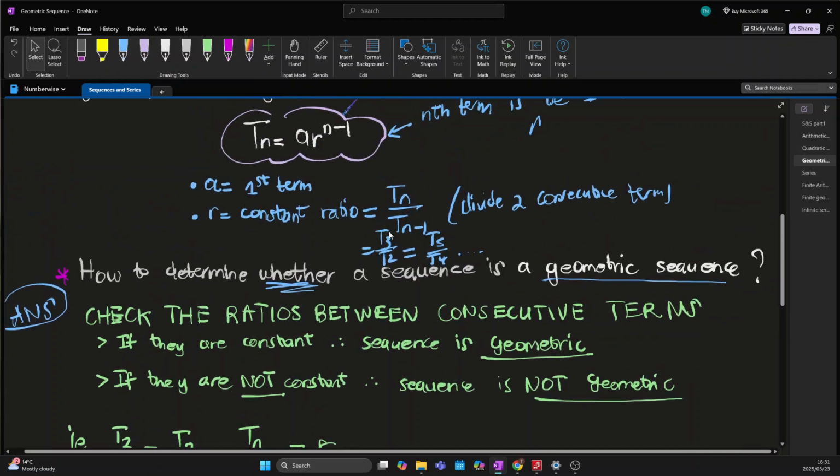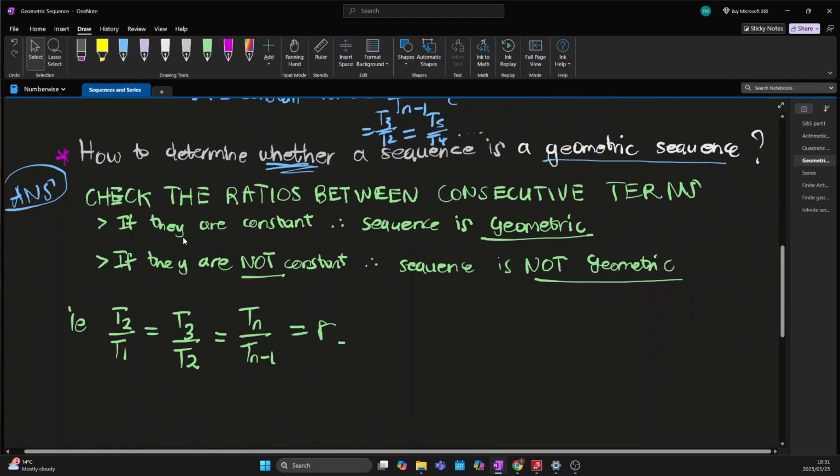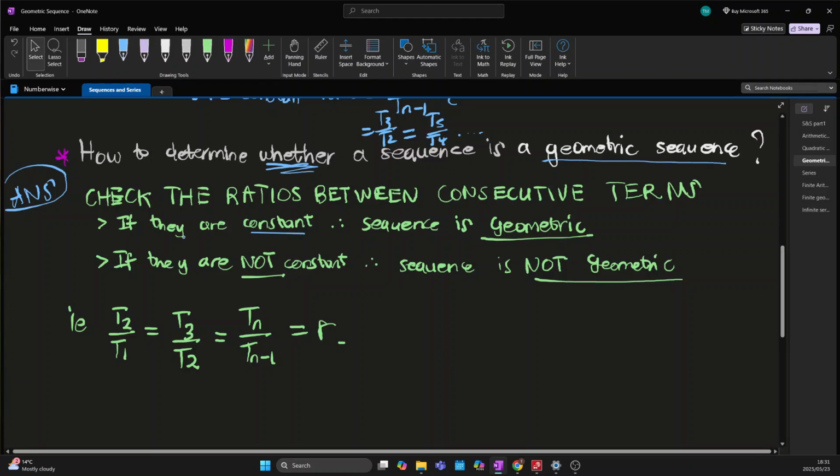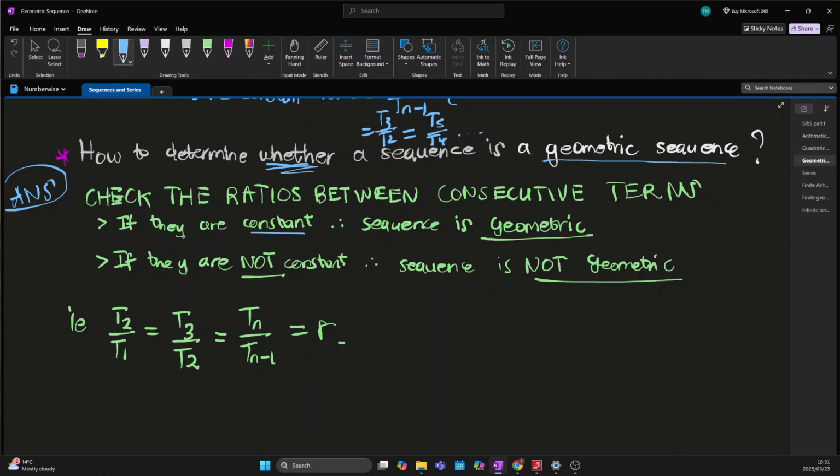If you check the ratios and you find that all the ratios are equal, then the sequence is geometric. And if they are not equal, then that sequence is not geometric. It's only geometric if they are constant or equal.